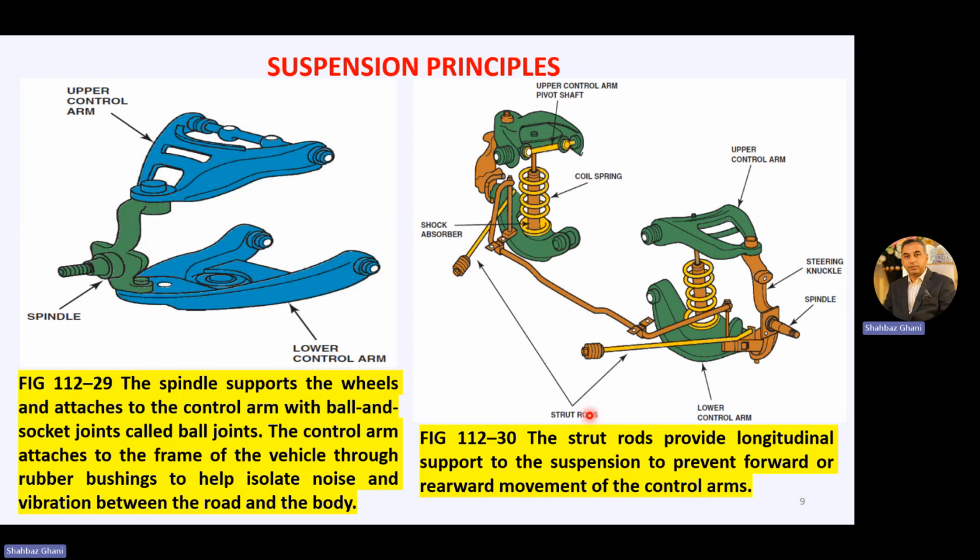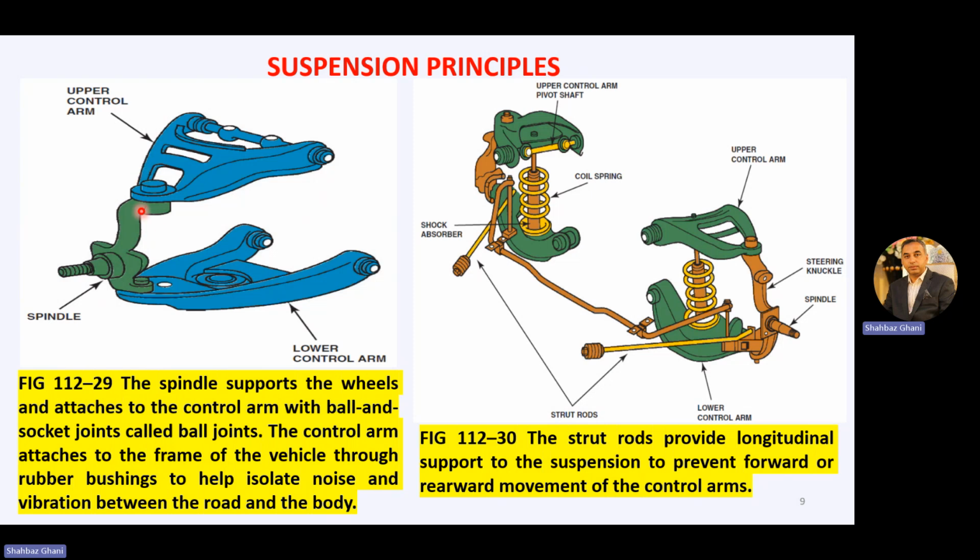So this Stewart rod provides longitudinal support to the suspension system to prevent forward and rearward movement of the control arm. So let's see, we have a wheel attached here. So this wheel is moving up and down.